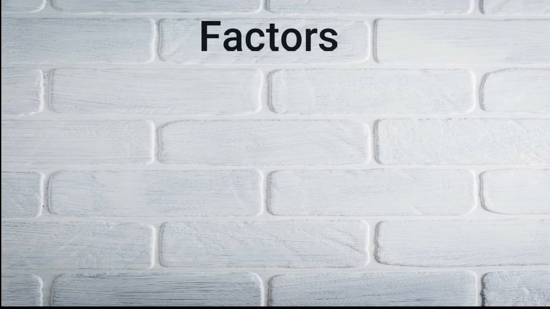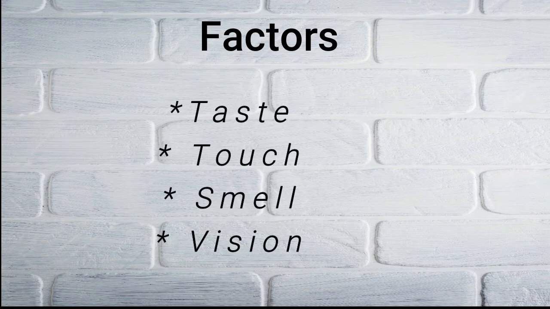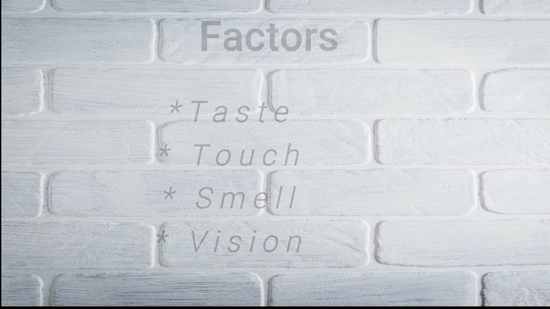There was taste, there was touch, there was smell, there was vision. Even looking at it, we felt like eating it. And although we couldn't taste it, we really wanted to taste it. There was touch, there was smell, and there was taste for the kid too, right? These are some of the factors.